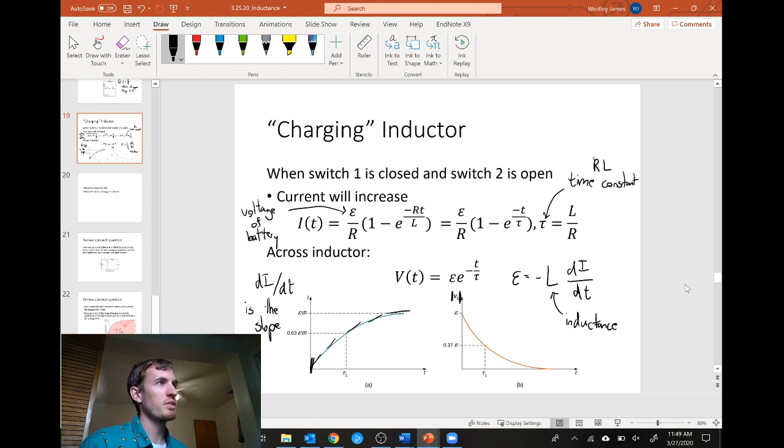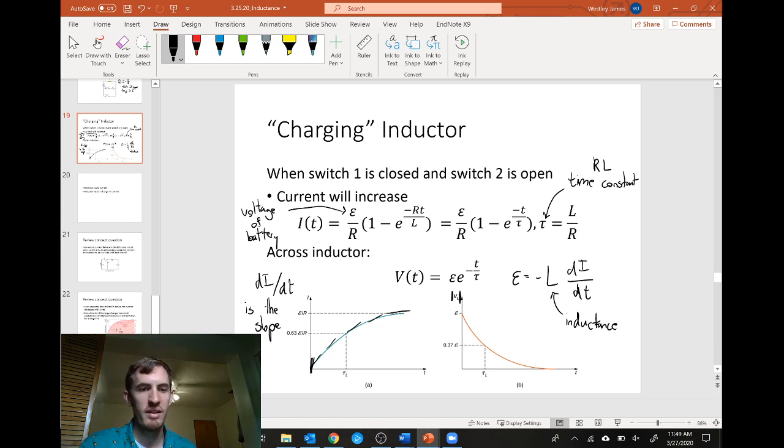Yep, so Bonzi asked, so as current passes through an inductor, all that happens is that the change in current goes down. An inductor, if the current is constant, inductors literally just act as a wire. They don't care if the current is constant, they just act like a wire. But when the current is changing, say it's increasing or decreasing, whether that's fast or slow, an inductor will oppose that change. The faster the change is, the more it opposes it.